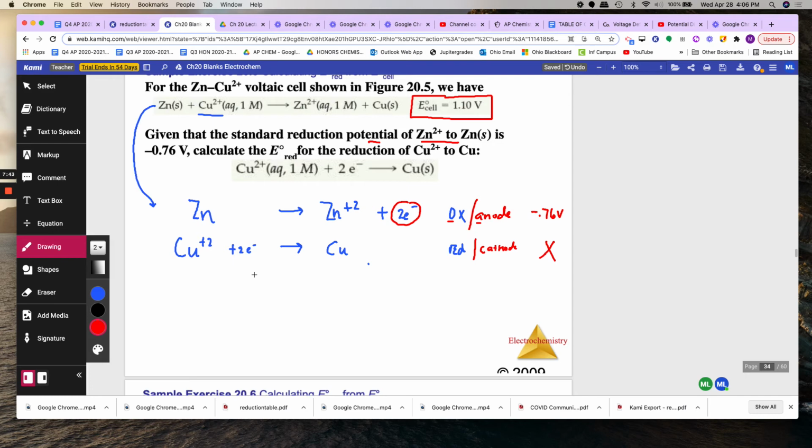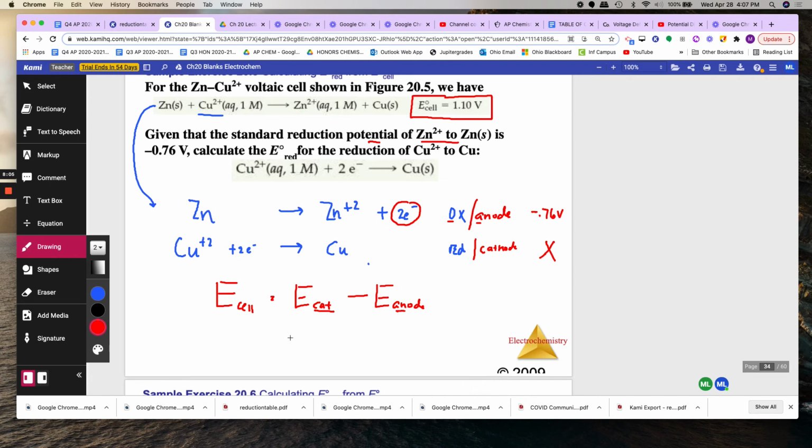Okay, so the formula is E cell is equal to E cathode minus E anode. Okay, the way I memorize this is cats are better than ants. Cats and ants.